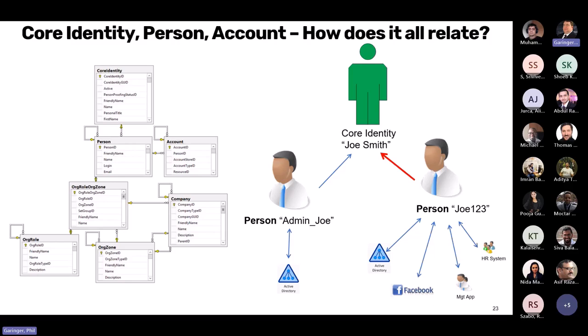You can scope things however you want to scope them. You could override the policy settings on something and say, I want to just disable all the accounts associated with this person, or you can say, I want to use whatever the policy dictates for that person. So you can configure it any way you want. But the bottom line here is we can control processes and we can cascade processes based on the core identity and the objects underneath that core identity.